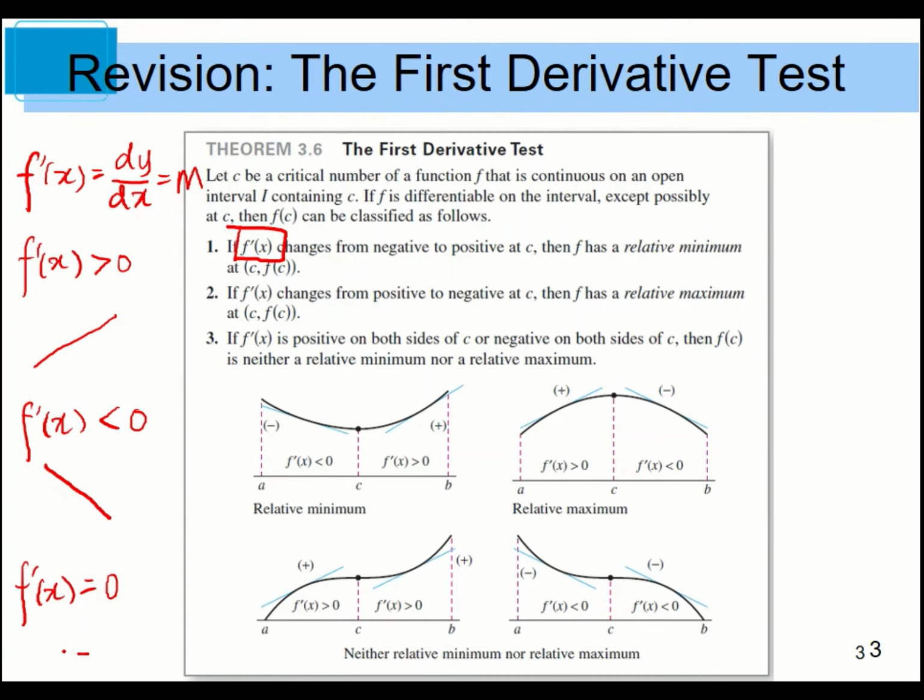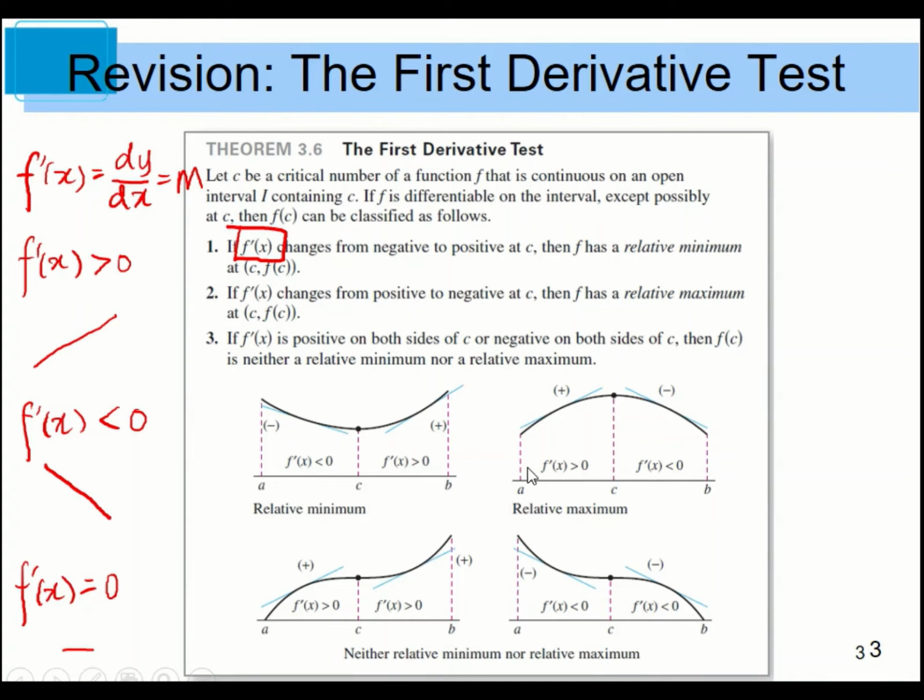By using these three characteristics, when the first derivative changes from a negative value to 0, then to a positive value, we know that this point C is a relative minimum point.